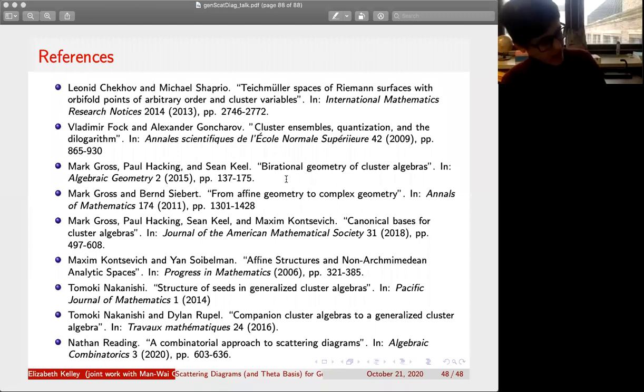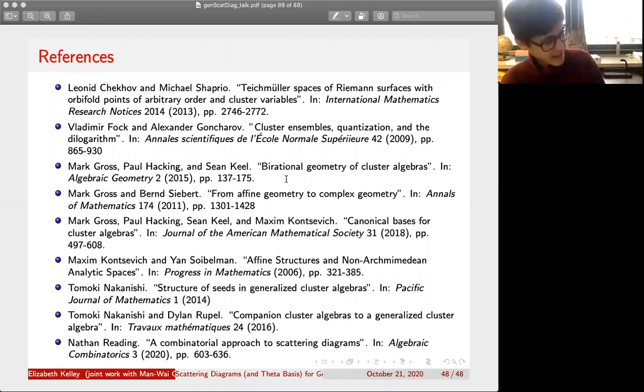Yeah, so I think that the answer is yes, but I am actually uninformed here. Nathan Reading has this really nice paper called A Combinatorial Approach to Scattering Diagrams, and he does talk about the connection to Coxeter groups there. A long time ago, I gave a presentation in a class that Greg taught based on that paper.